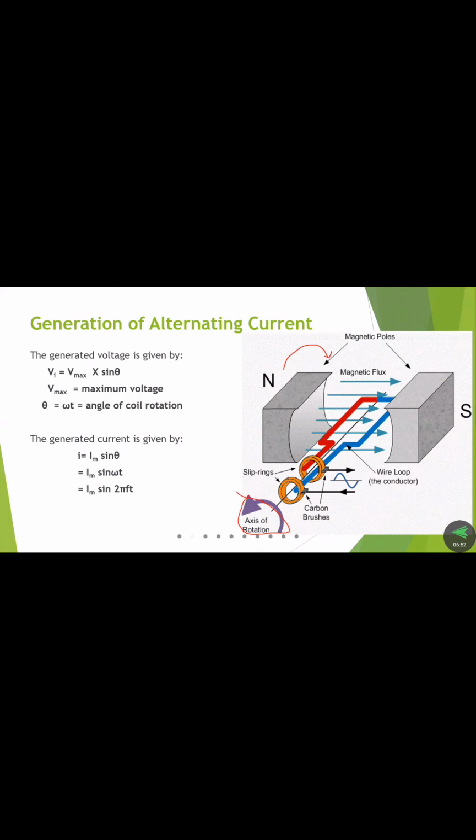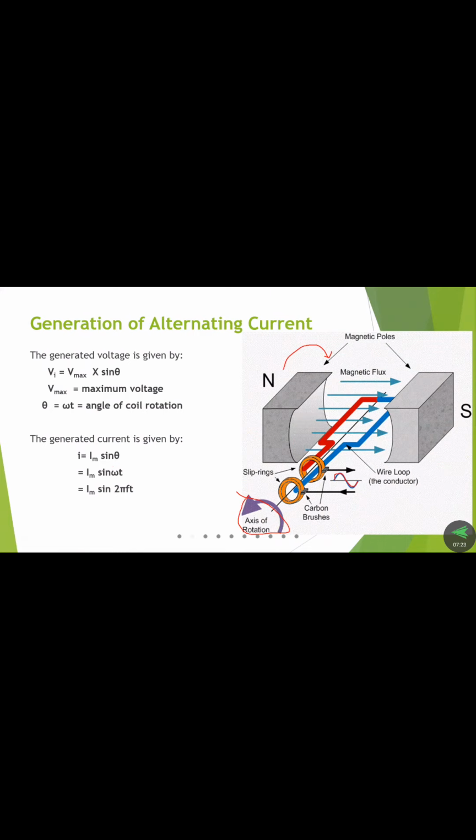So the magnitude and the direction of current and voltage reverse at every 180 degrees. That is what we observed here. Whenever it flows in the positive direction, one half cycle is produced, and in another half cycle a negative half cycle is produced, within 360 degrees.